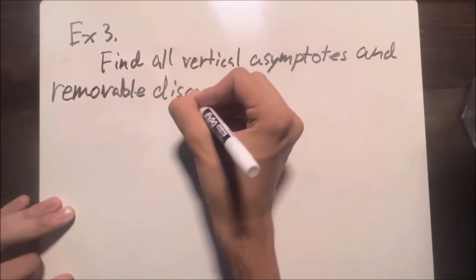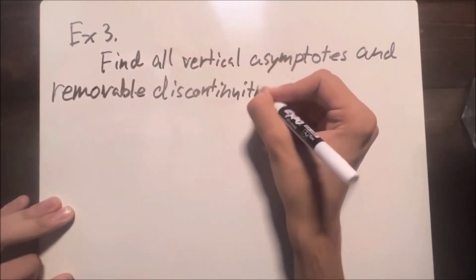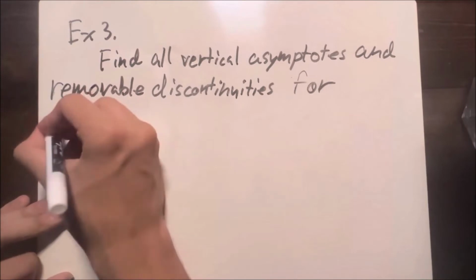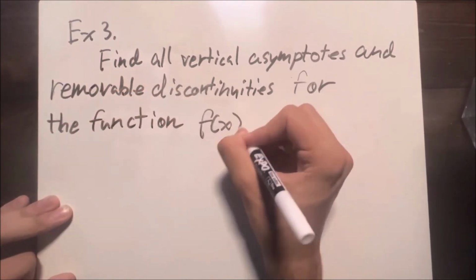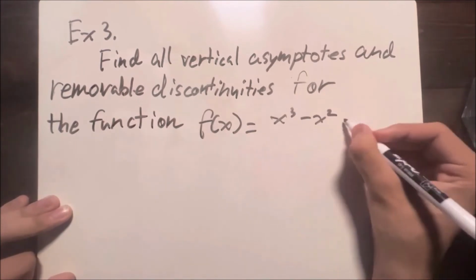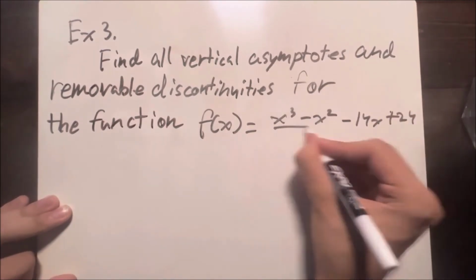Okay, for our last example, we have to find all vertical asymptotes and removable discontinuities for the function x to the third minus x squared minus 14x plus 24 divided by x squared plus 3x minus 4.